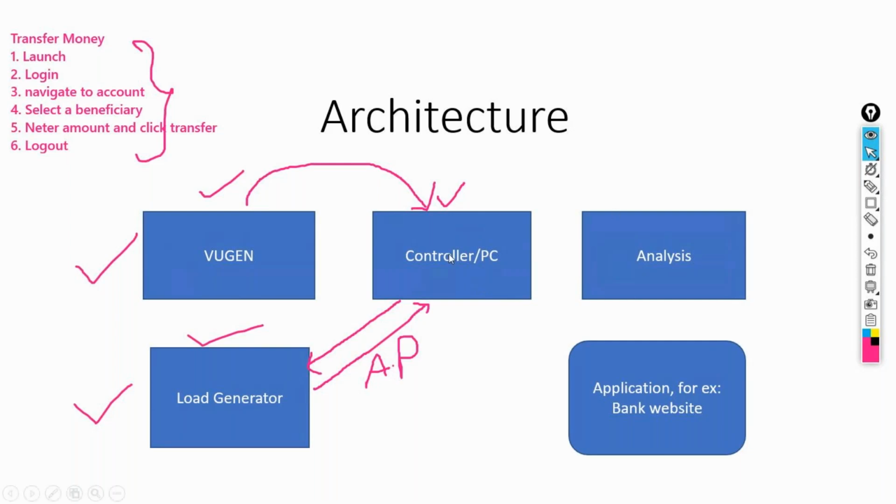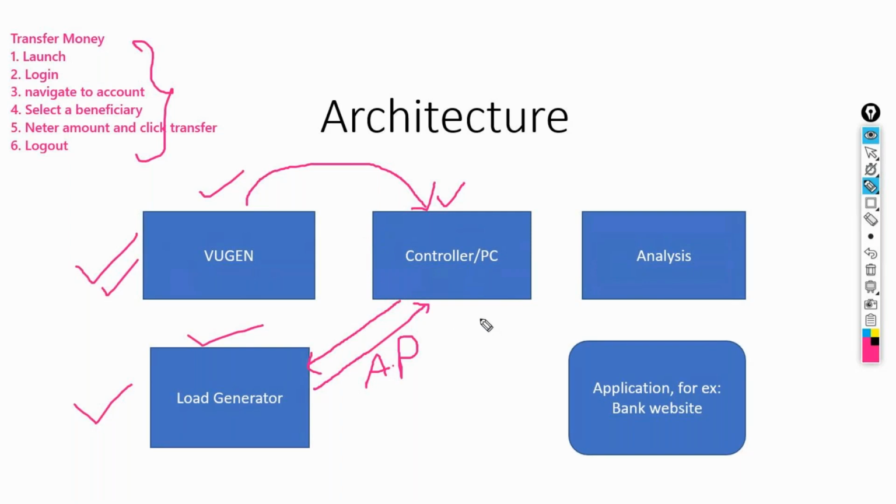So these are the different components of LoadRunner architecture. I repeat very quickly, within 1 minute. Load generator is all about simulating the virtual users. Vugen is all about recording or generating the script. Controller or Performance Center is all about uploading the scripts and triggering the execution.